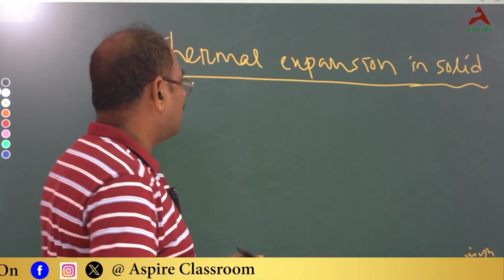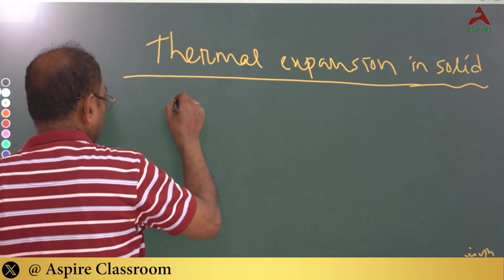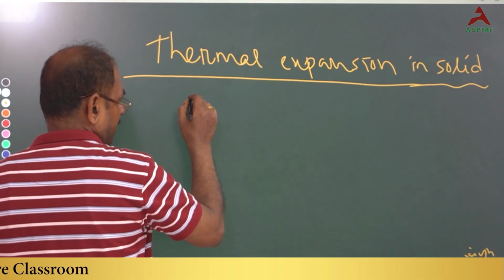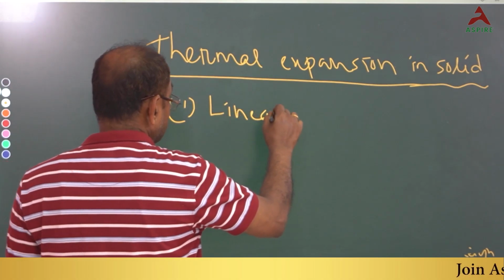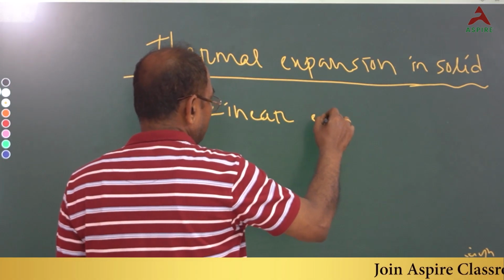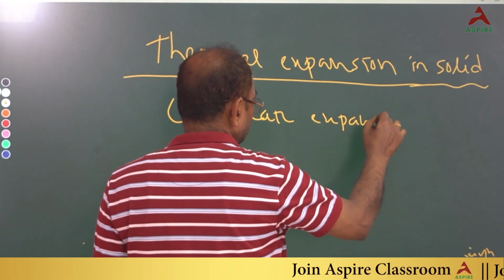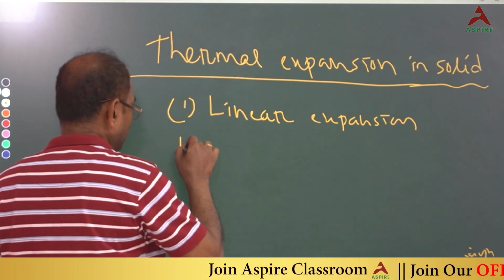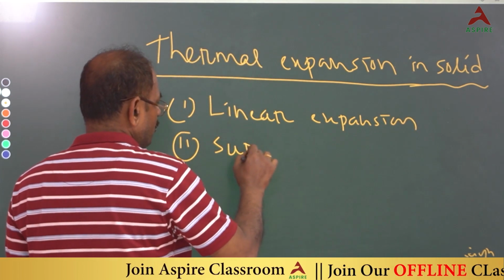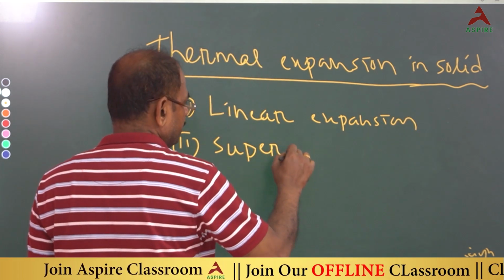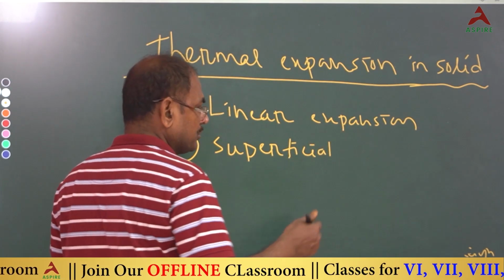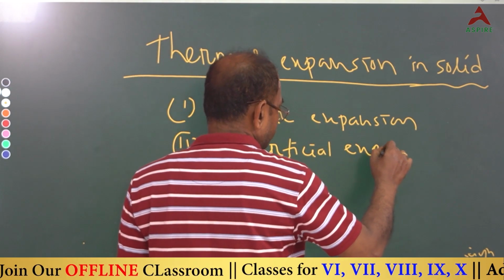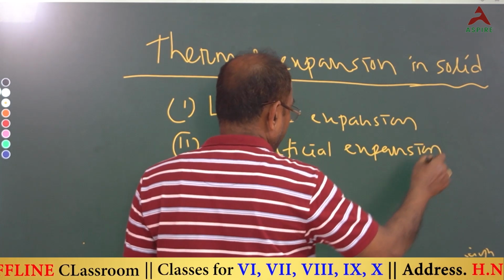Thermal expansion in solids is of 3 types. Number 1 is called linear expansion. Number 2 is called superficial expansion, also known as areal expansion; it takes place in terms of area.